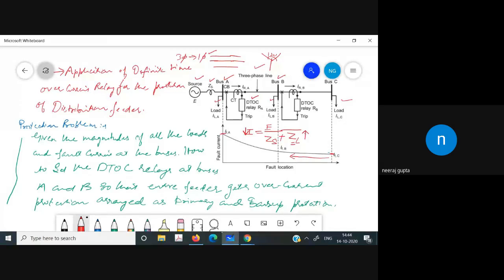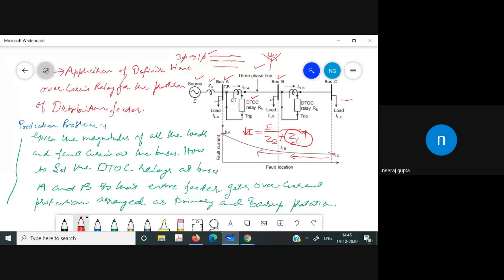As we move towards the source, the impedance of the line is reduced, and as a result the current increases. At this point the line impedance is zero because we don't have the line, so we have only ZS.